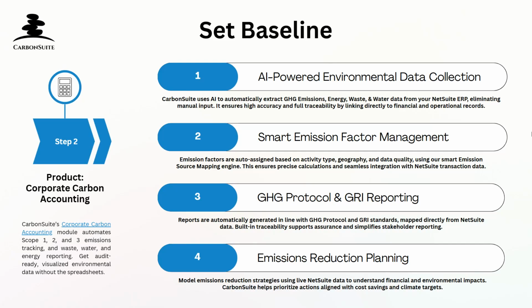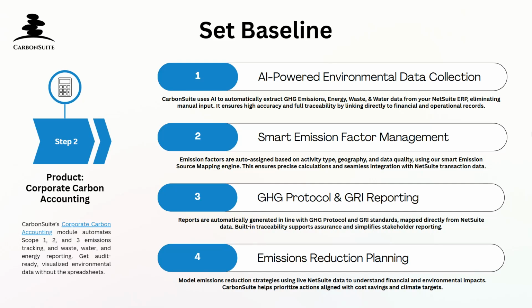We have an AI tool that's able to automatically extract data from your NetSuite ERP records, eliminating that manual input. We can map your data to relevant environmental emission factors using our intelligent emission factor engine.